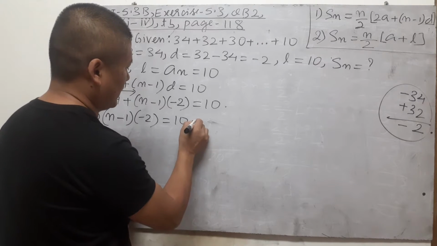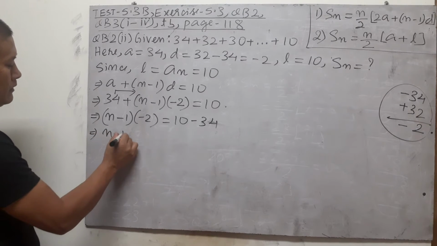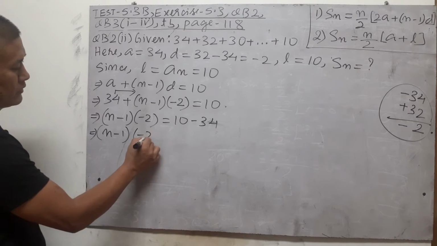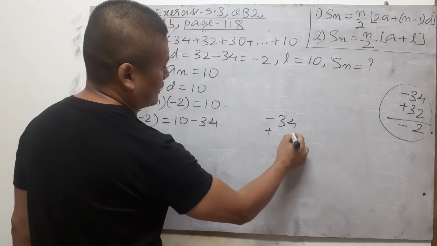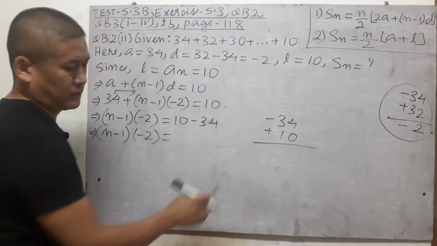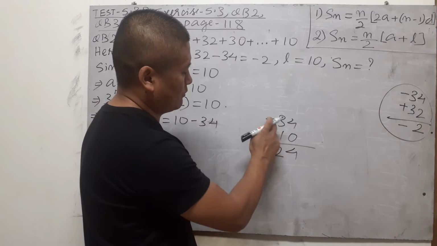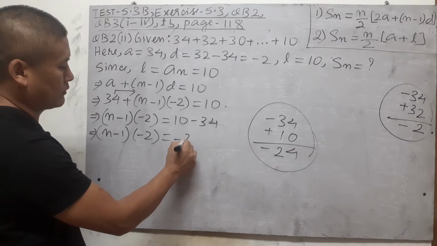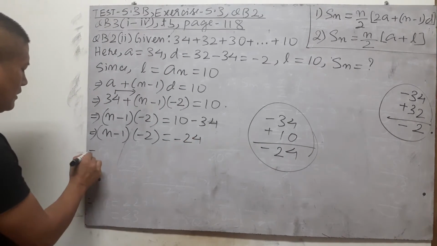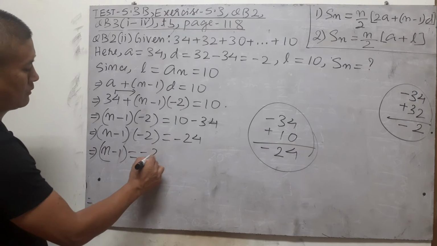So n minus 1 into minus 2 is equal to 10 minus 34, which is minus 24. That gives you n minus 1 into minus 2 is equal to minus 24.